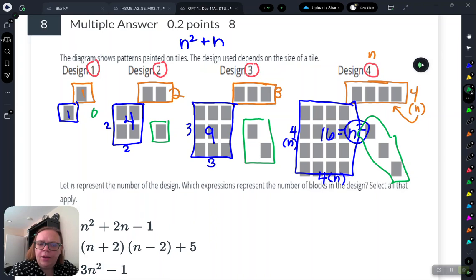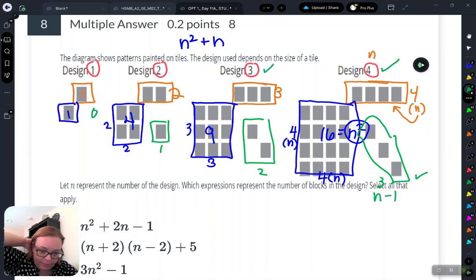Well, there's 1 block, 2, 3, they're just diagonal. That appears to be 1 less than the design number. So here the design number is 4 and we have 3. Design number is 3, we have 2. So this is basically n minus 1 here. So I'm going to add on that phrase, n minus 1.